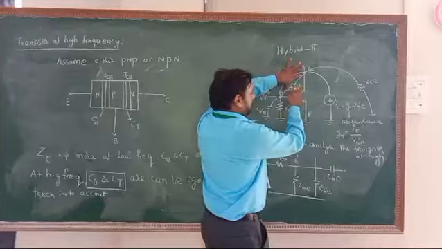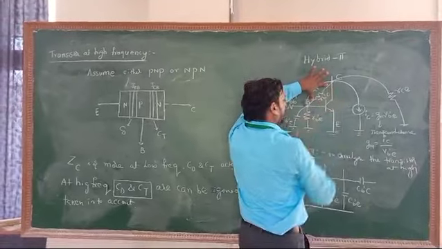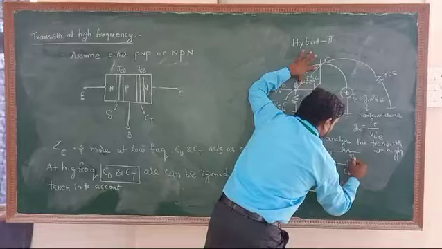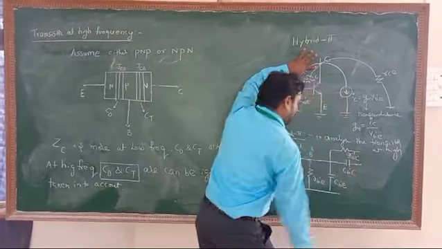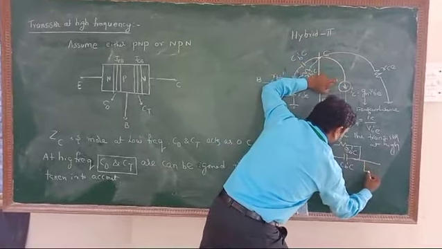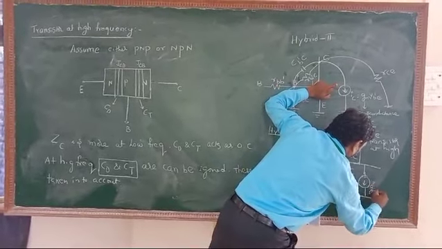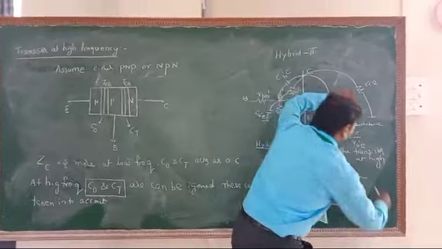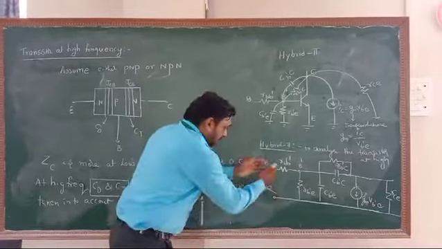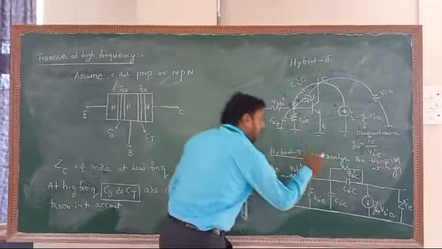The feedback resistance is the resistance connected between input and output, rb'c, and the output current is gm into Vb'e, and the output resistance is rce. This is the finalized hybrid pi model. It is used to analyze the transistor at high frequency.